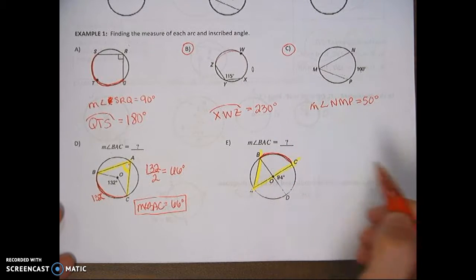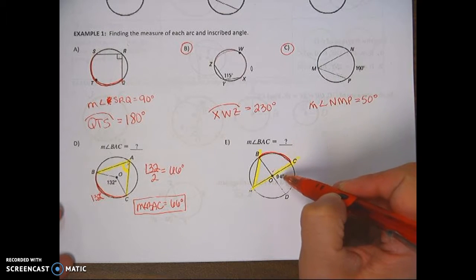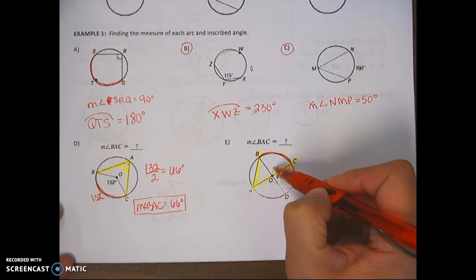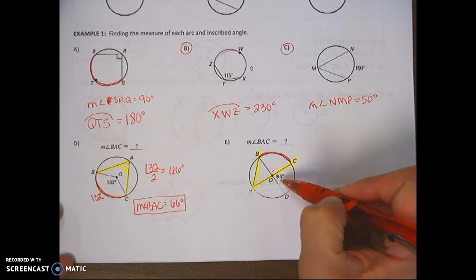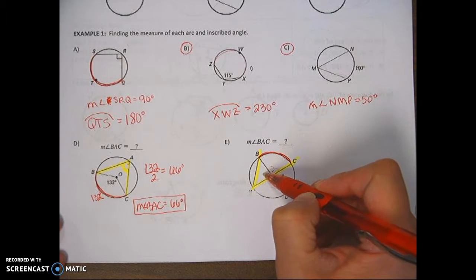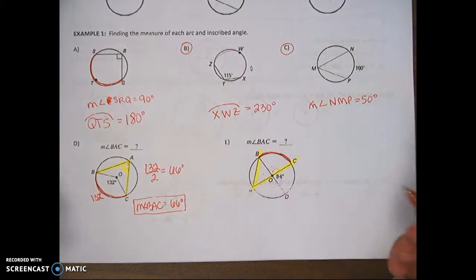Arc BC. I don't have any angle relationship to that arc. This angle was not given, but the one right next to it is given. That angle is supplementary to this angle because you have a straight line. You could also look at the whole circle, that 94 and 94 would be vertical. These two would be vertical, which would mean you would subtract them from 360 and divide by 2.